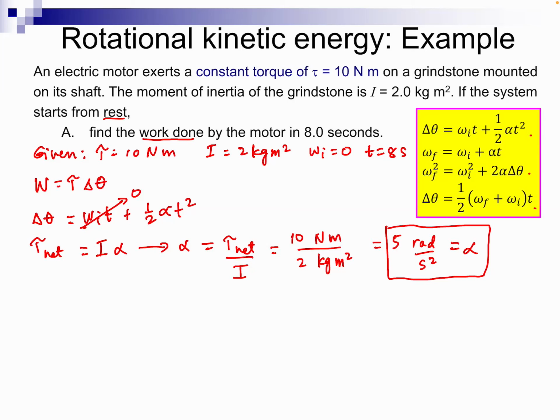Knowing alpha then allows us to go back to the equation for delta theta: 1/2 times the angular acceleration of 5 radians per second squared times time squared, giving us an angular displacement of 160 radians.